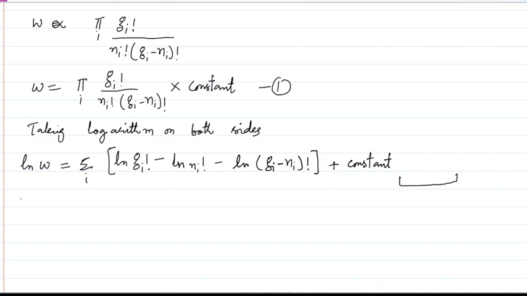Now we assume here that Ni, Gi and Gi minus Ni are all very large.